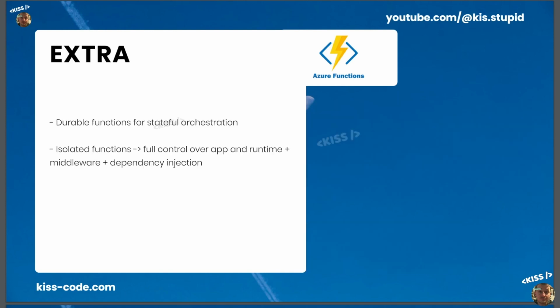And then you have a few extra types or extensions on the Azure Functions app. You could transform it into durable functions. That means that you have some kind of orchestrating function that can call multiple Azure functions and hold some context data in the state.